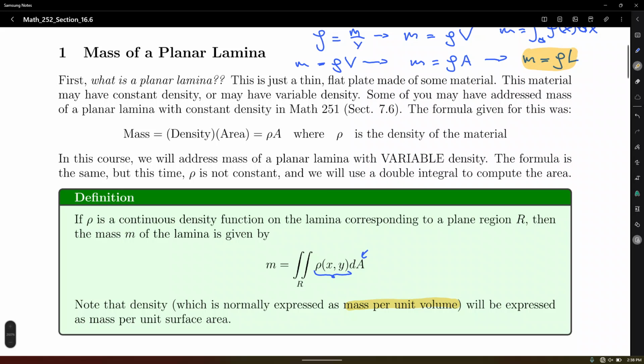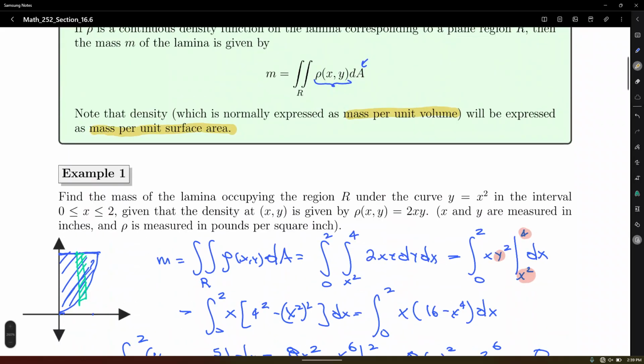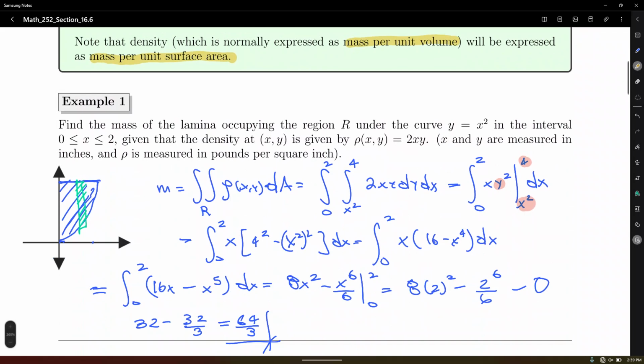However, since in this case we're going to look at mass and density in two dimensions, we will express this as a mass unit per unit of surface area, not a volume. All right, let's have a look at a few examples so we can see this in action. By the way, in this video, to keep it short, I will show you the exercises already completed, in the way of a presentation, so as to keep this video as short as possible.